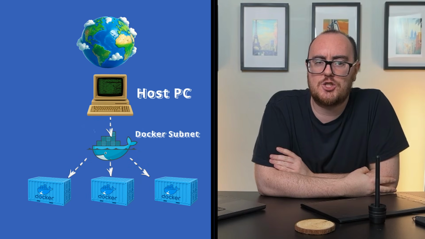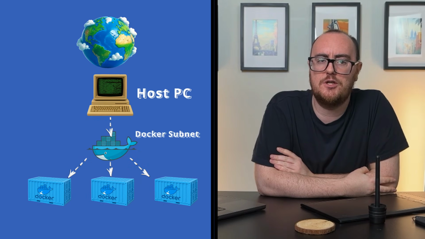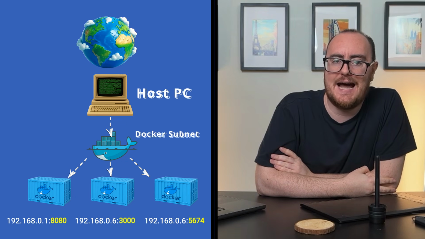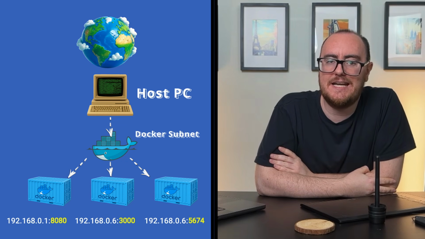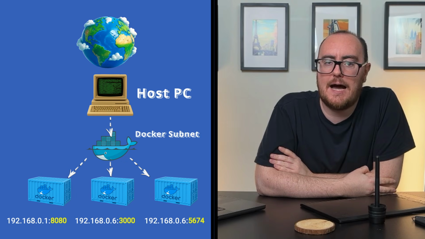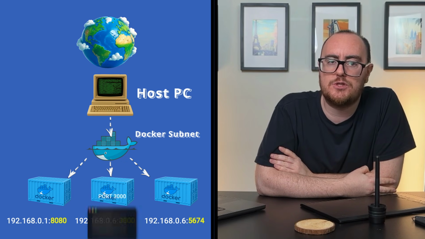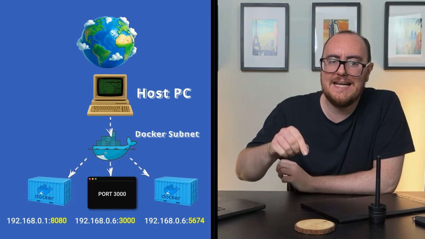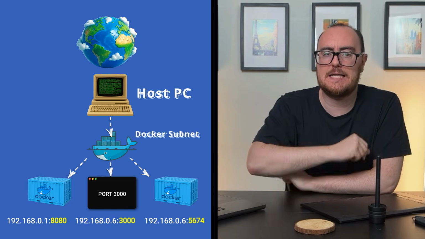Docker creates a subnetwork hosted on your PC or server. It allocates IPs to each container and allows ports to be exposed to send data to your programs running inside the container.